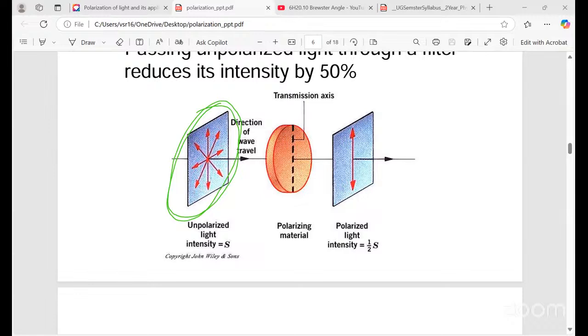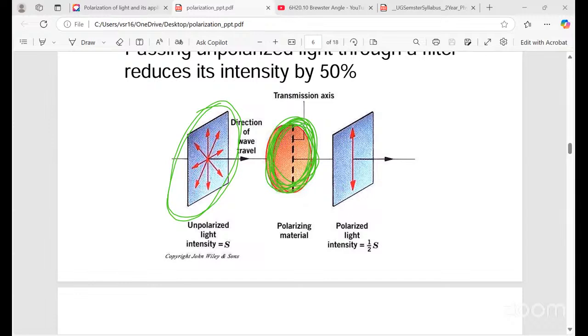So this unpolarized light means which is scattered in all directions. Here, it is passing through a polarizing material, this one. This is a polaroid. When it is passing through a polarizing material, what will happen here?